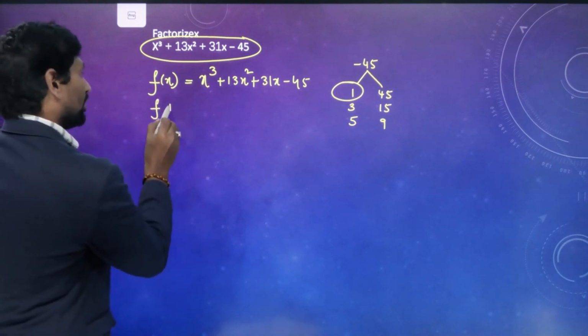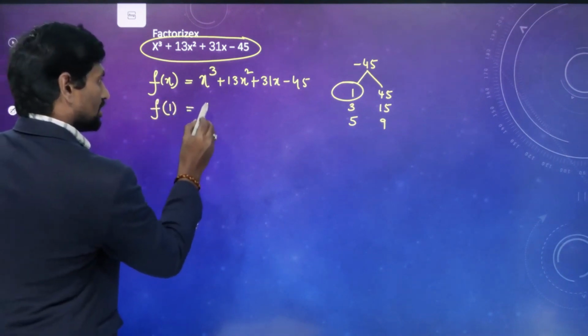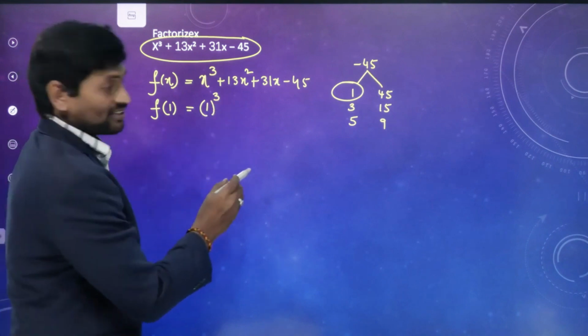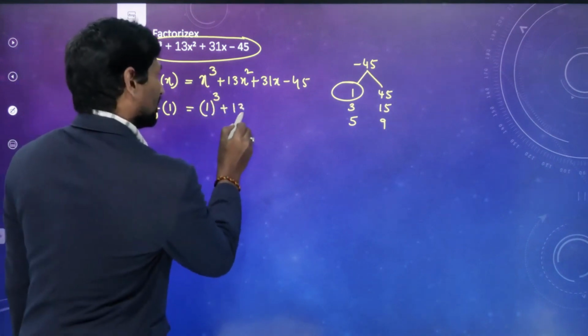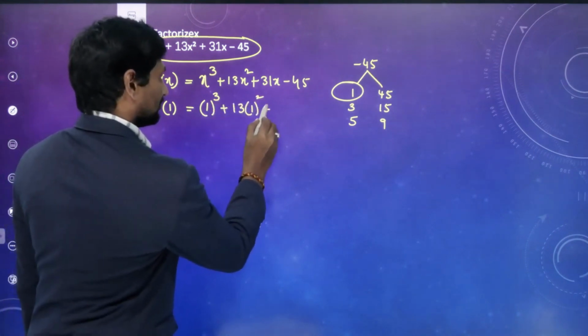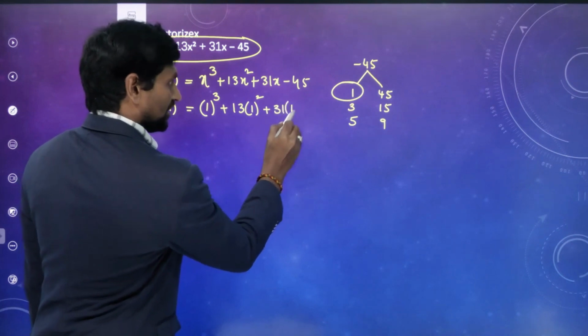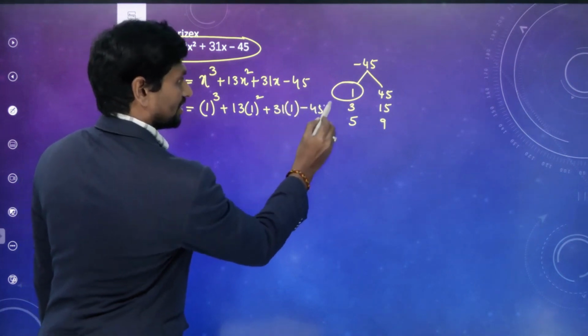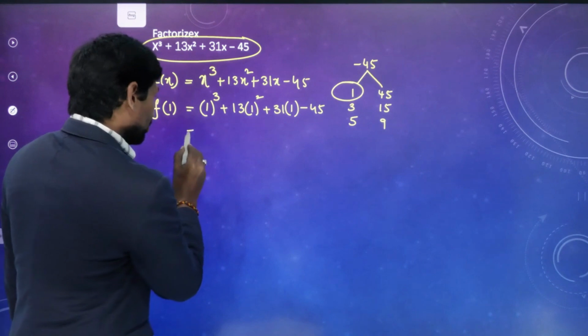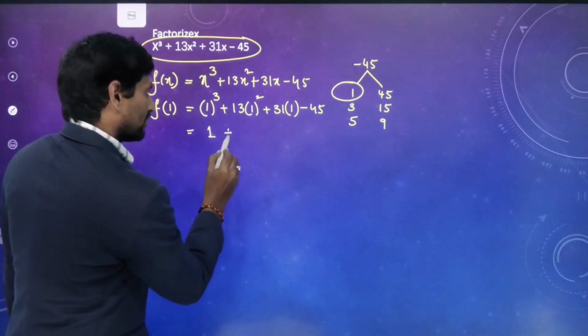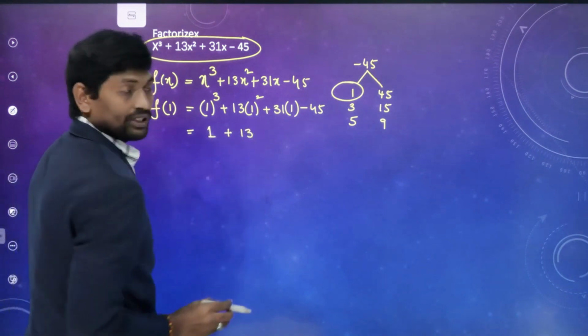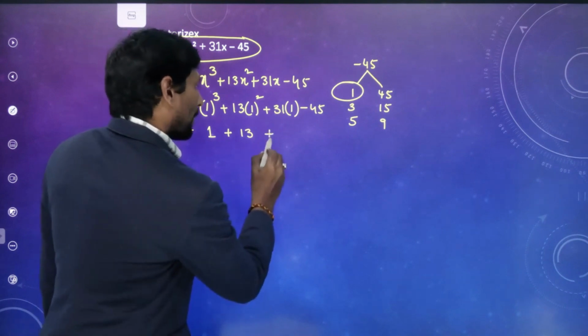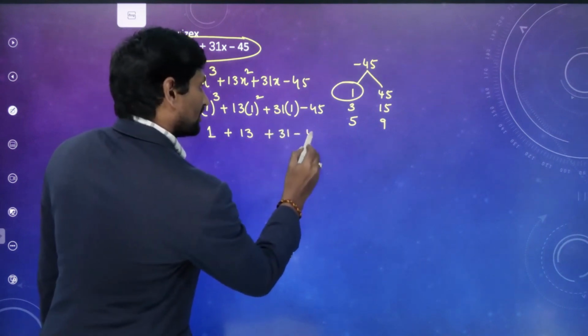Let us find f of 1. So substitute the value 1 in place of x. So 1 cube plus 13 into 1 square plus 31 into 1 minus 45. 1 cube is 1 itself, 13 into 1 square is 13, and 31 into 1 is 31.